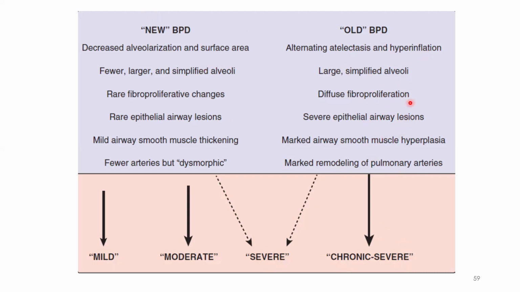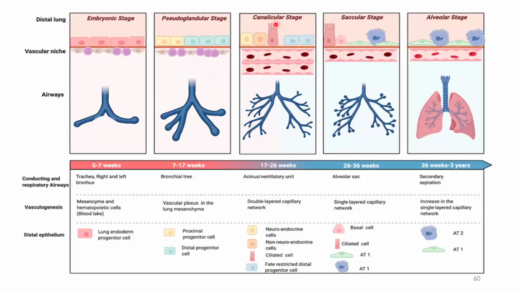it's not like that. We are not getting the old BPD so much nowadays, as more and more extreme preterm babies are surviving today, and we are providing different modalities of ventilation. As the survival rate of the extreme preterm increases, we also still get the old BPD nowadays. And the new BPD is basically a phenomenon of arrest in alveolarization. As I already showed you, if the baby is born in the late canalicular stage or the early saccular stage, that means the alveolar sac is not fully formed.